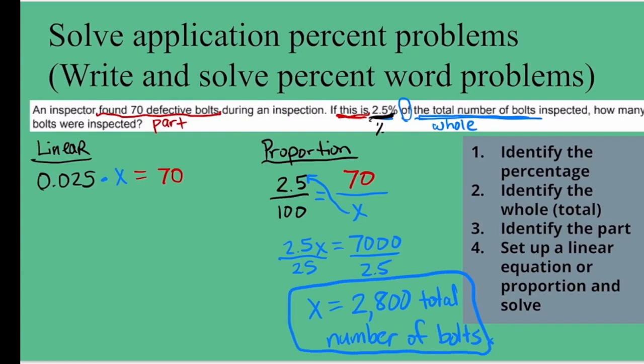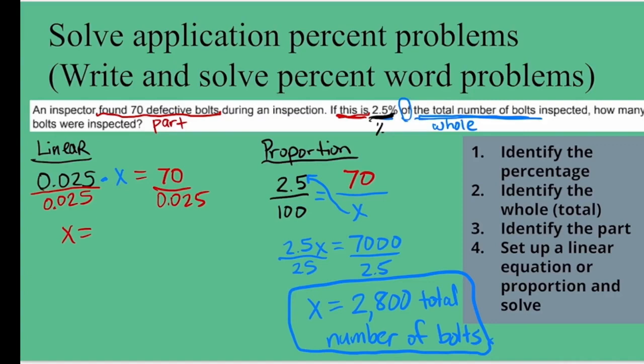So I'll solve it as a linear equation also, just for fun. If you're multiplying by 0.025, then we have to divide. So this will show you the main difference between solving these as linear equations versus solving them as proportions.